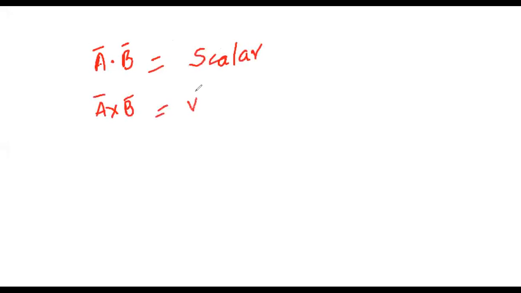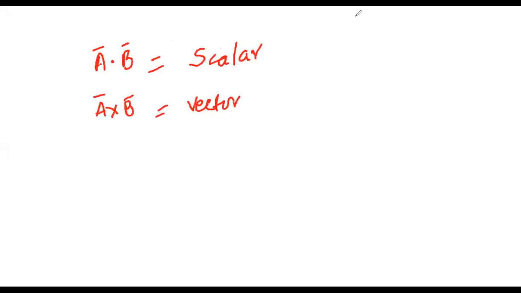So you all know that A dot B is the dot product of two vectors. Here A, B are the two vectors. When I do the dot product of these two vectors, I get a scalar. But when I do the cross product of two vectors, I get a vector quantity.